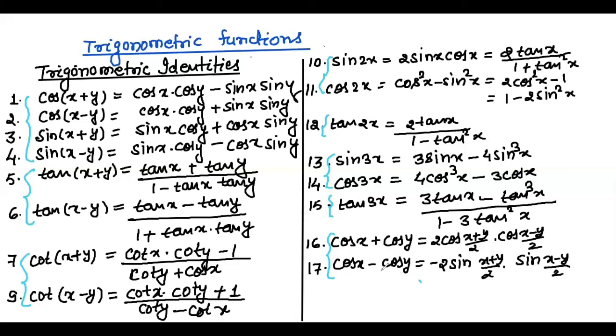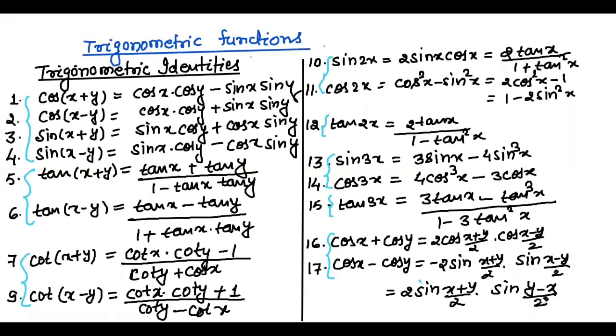Cos x minus cos y we can write as minus 2 sin((x+y)/2) into sin((x−y)/2). We can write sin((x−y)/2) with the minus sign taken inside as sin((y−x)/2).